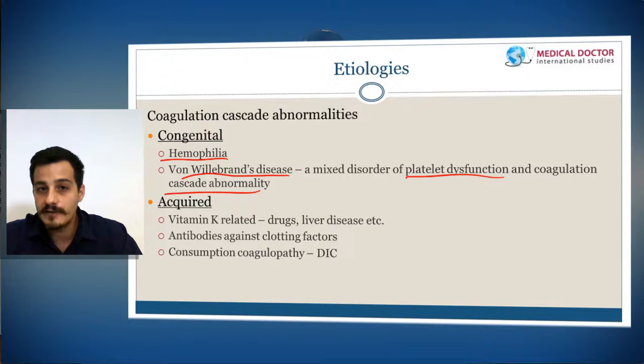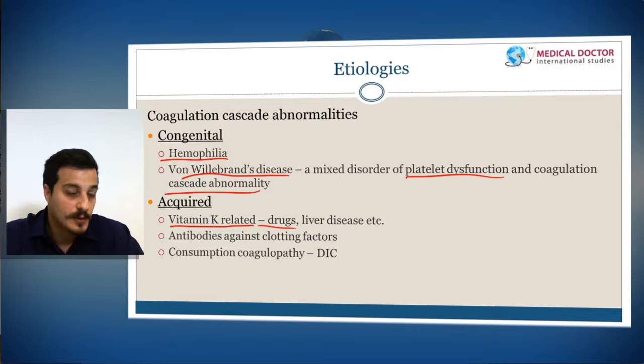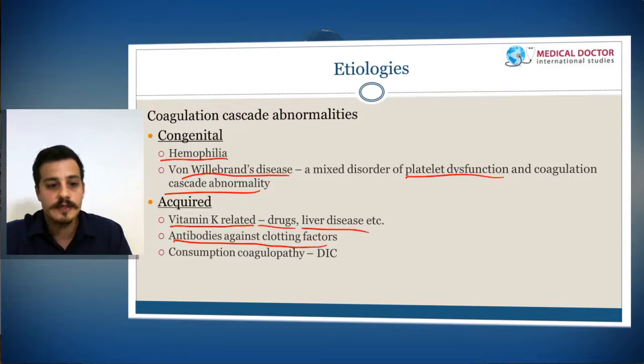Now we also have acquired bleeding disorders, and most commonly these affect vitamin K related factors. For example, inactivation by drugs. We've already mentioned warfarin as a drug that can cause this. Also liver disease. We can have different antibodies that inactivate certain clotting factors, and as we've mentioned, we can help differentiate it from a normal deficiency when we do the plasma mixing study.